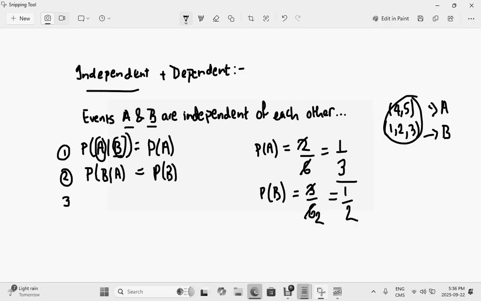All right, and the third condition for these two events, event A and event B, to be independent is P(A and B) equals P(A) into P(B).